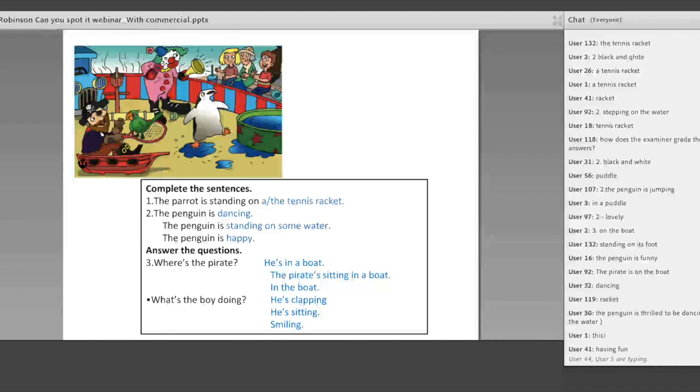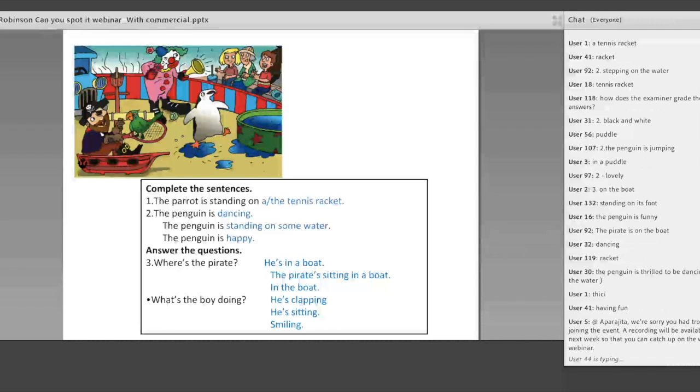Even for question one, we're a bit more limited in the answers we can write, but for complete the sentences two, we have a variety of possible completions. And definitely in the questions, students again can write longer or shorter answers, and they can write phrases or complete sentences.